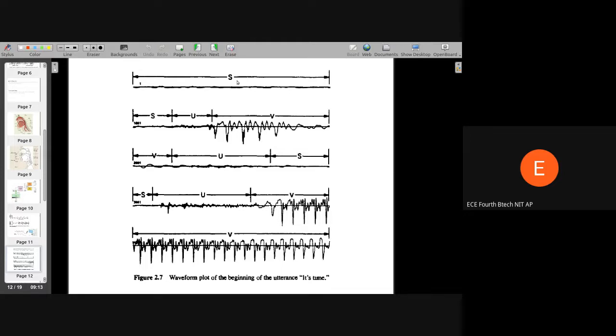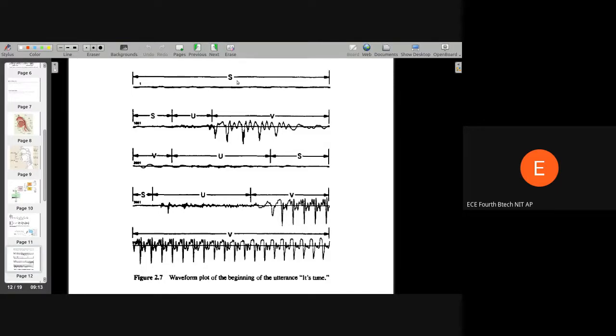And then the individual sounds that we have, we can mainly classify into voiced and unvoiced. Voiced are those regions of the speech signal where your glottal vibration, that is your vocal folds or vocal cords, vibrate at a particular frequency which varies from speaker to speaker.